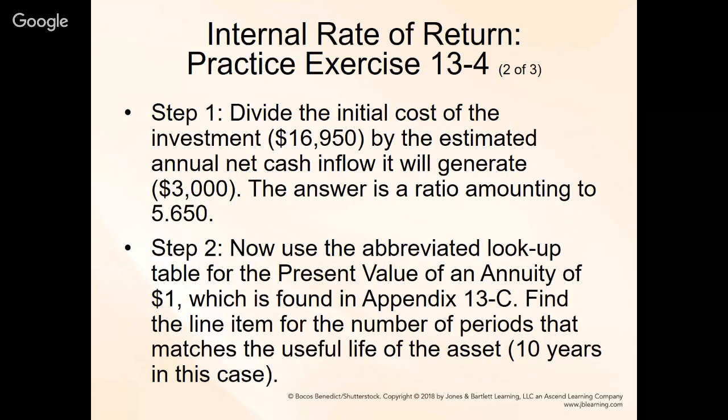Then you take your initial cost of $16,950, and you're going to divide it by the estimated annual net cash flow, which was $3,000, and then your answer, your ratio, is 5.650. Then you're going to use your tables and go from there.